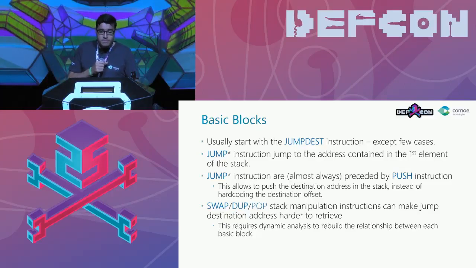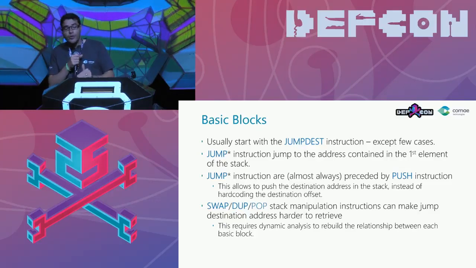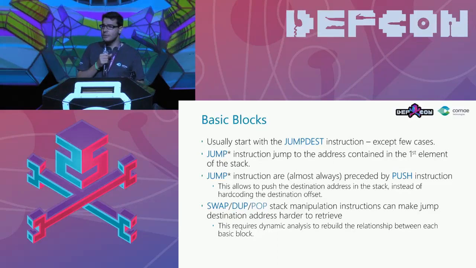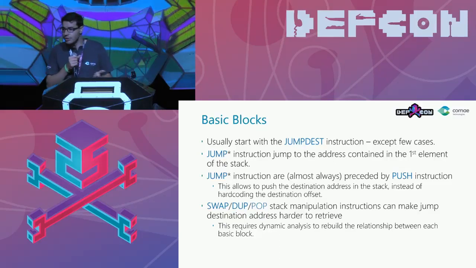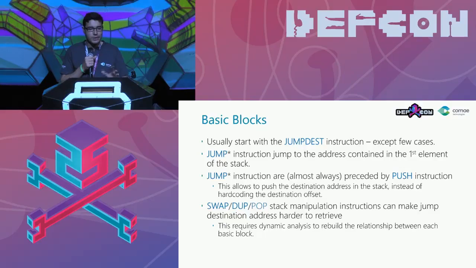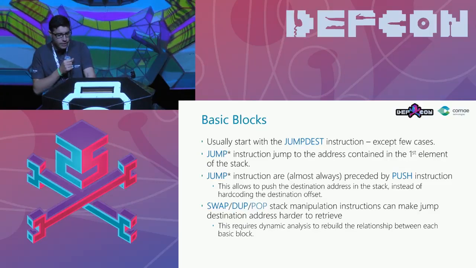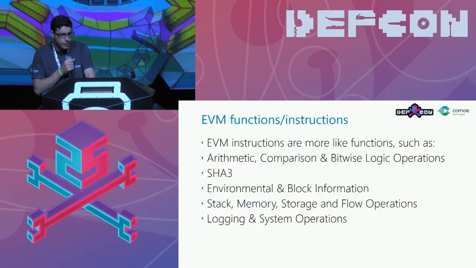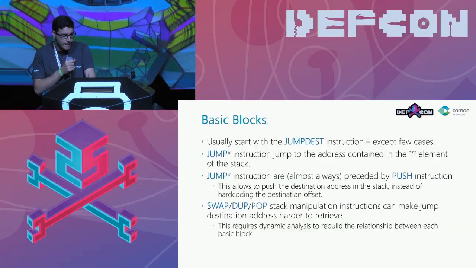And that's basically one of the main limitations of static analysis with smart contracts. Otherwise, most of it could be done statically, but because of those weird scenarios where the destination is stored beforehand, you would have to emulate certain basic blocks in order to keep the destination of the basic block.